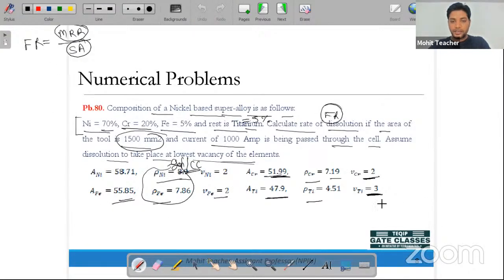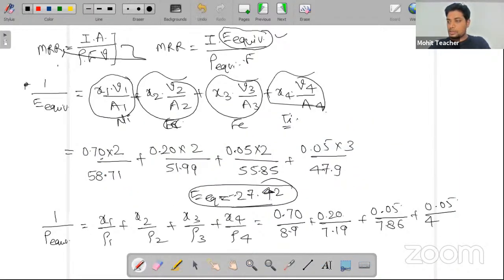What is the density for that? That is 4.51.